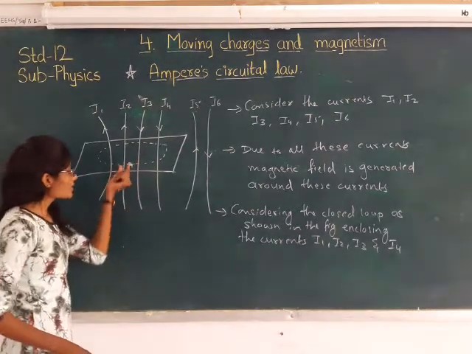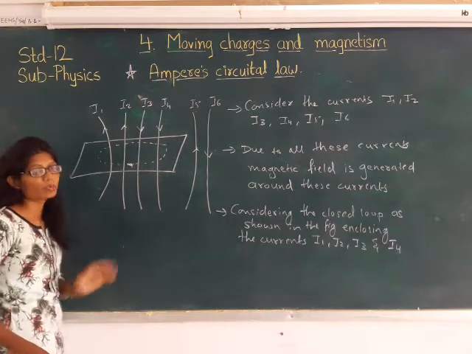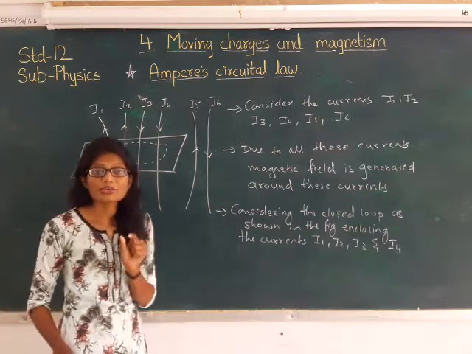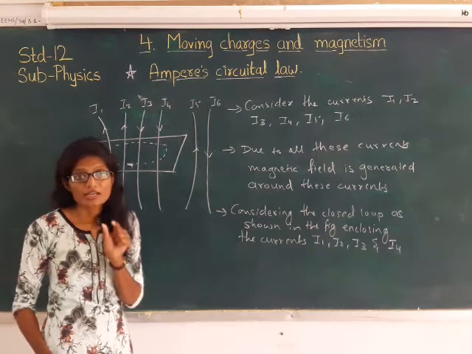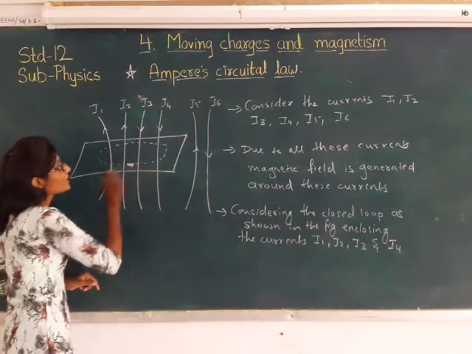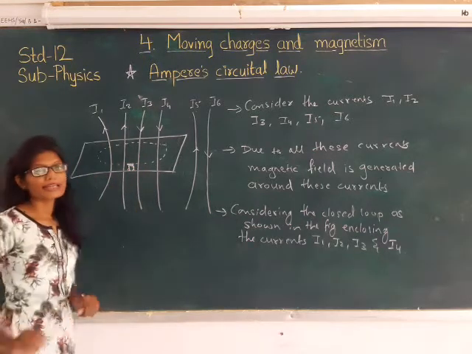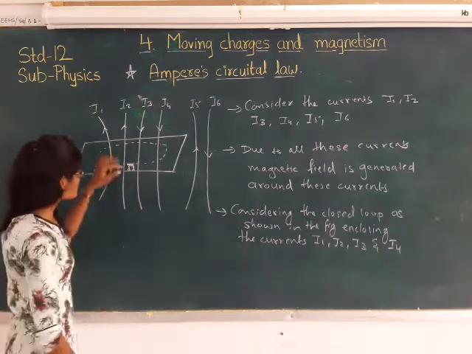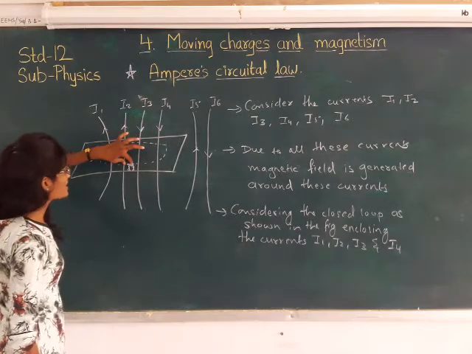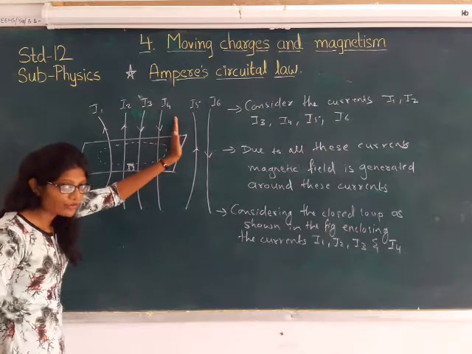To consider the magnetic field for this whole closed loop, first of all we take small elements. If I consider this line element, let us consider it as dl. For this small element, the currents passing through are I1, I2, I3 and I4.